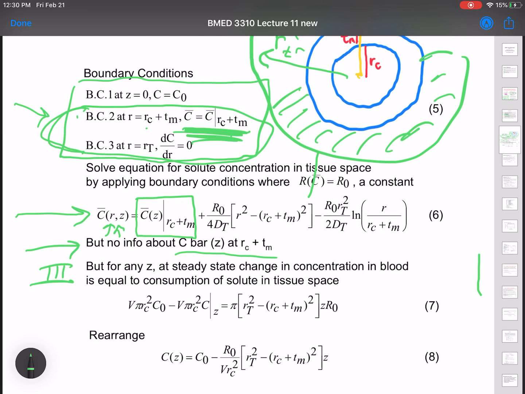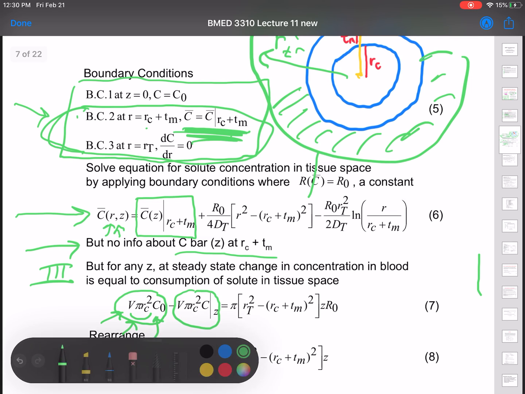At any Z, we're going to do a mass balance from 0 to Z. This is what's entering at Z equals 0: the velocity times the cross-sectional area times the concentration coming in. And this is the same thing, only exiting.